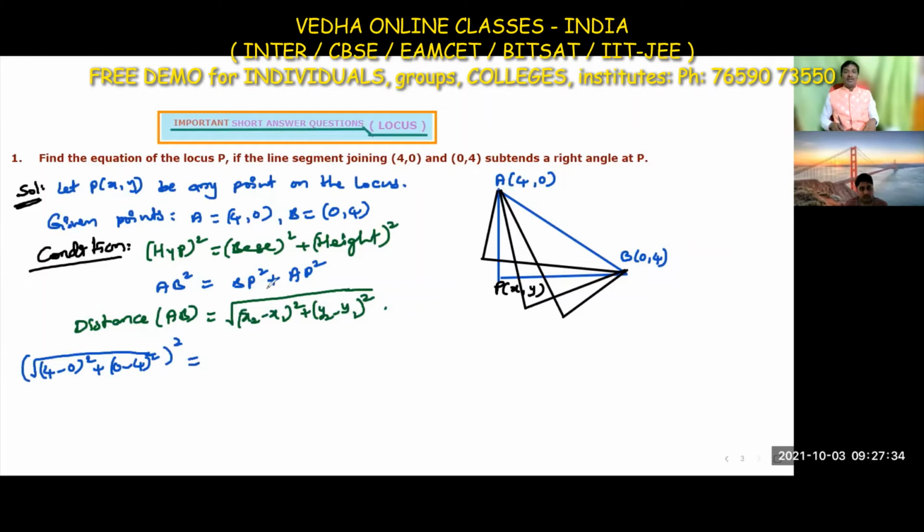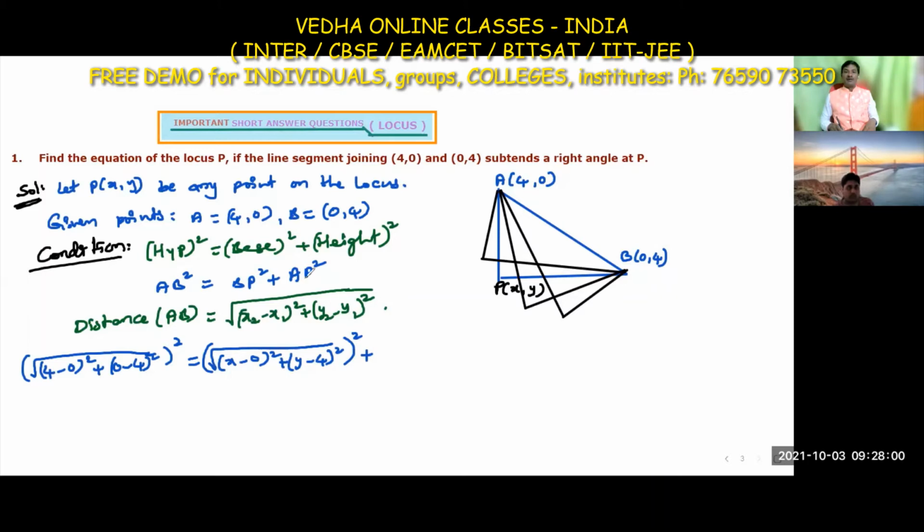Now BP, the points B and P: the square root of (x minus 0) whole square plus (y minus 4) whole square. This is BP, squared.